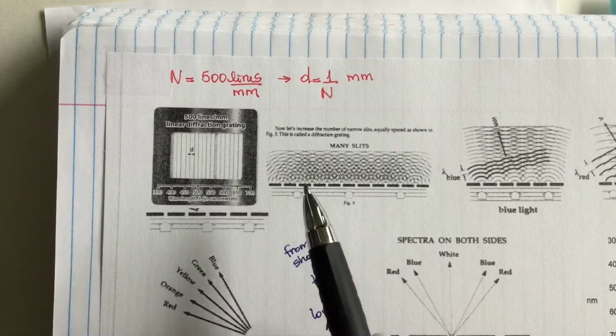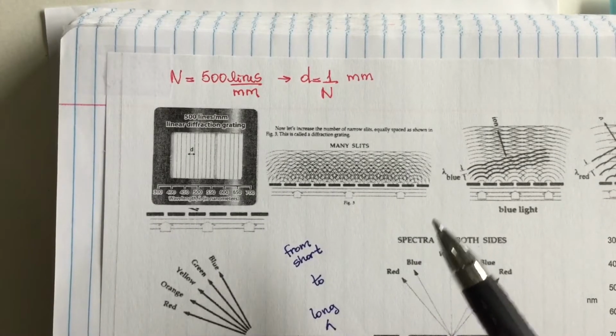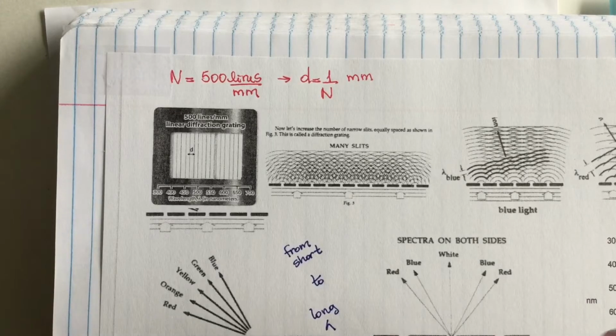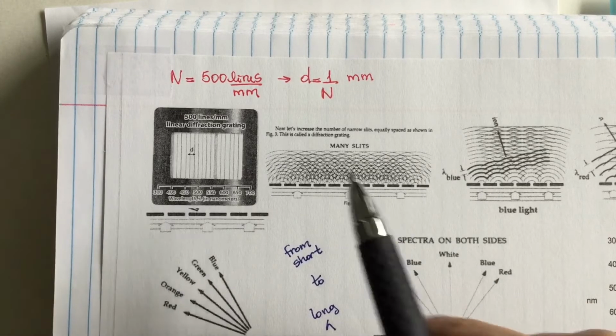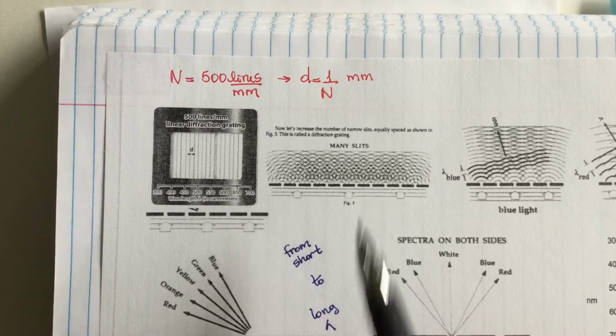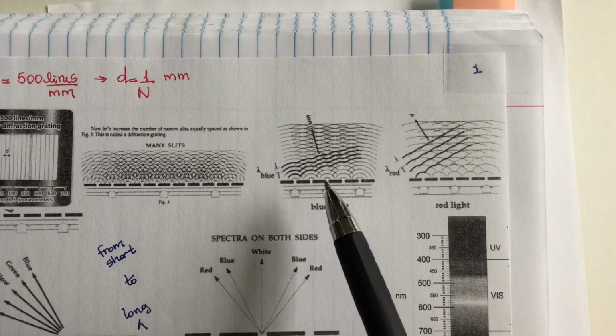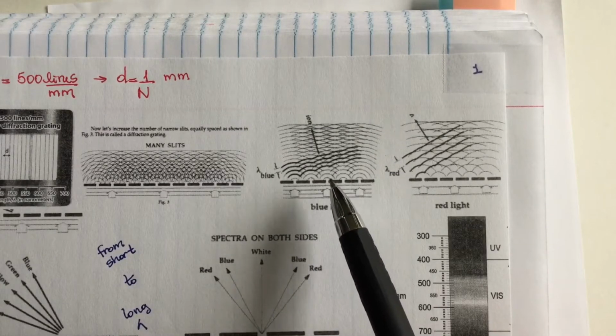And because all this light on the other side is coherent, it is going to recombine, creating areas of constructive and destructive interference. Then a steady pattern is going to be formed on the other side of the screen.